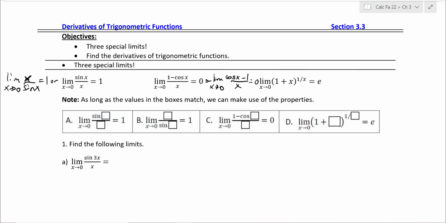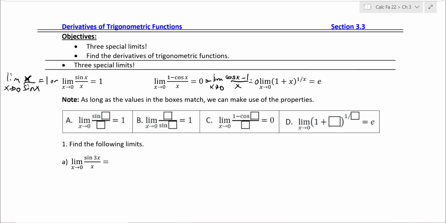And the box here is sort of important because your whole goal of evaluating these limits is just to manipulate to make the argument inside the trig function and the value in the denominator match. So as long as these boxes have the same value, we make use of the properties, right? That x can represent anything as long as that same anything is in the denominator here.